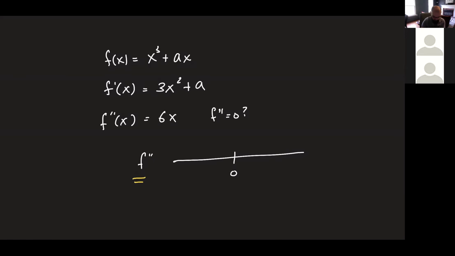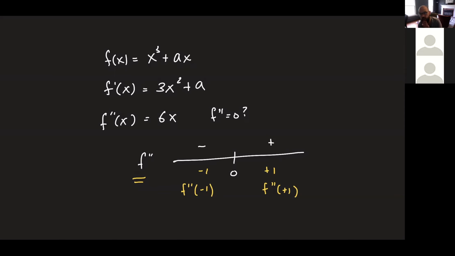I can pick values right to the left and to the right of this and plug them back in to f double prime. So I'm looking at values like f double prime of -1 and f double prime of positive 1. What I would find is that over here it's negative, and over here it's positive.